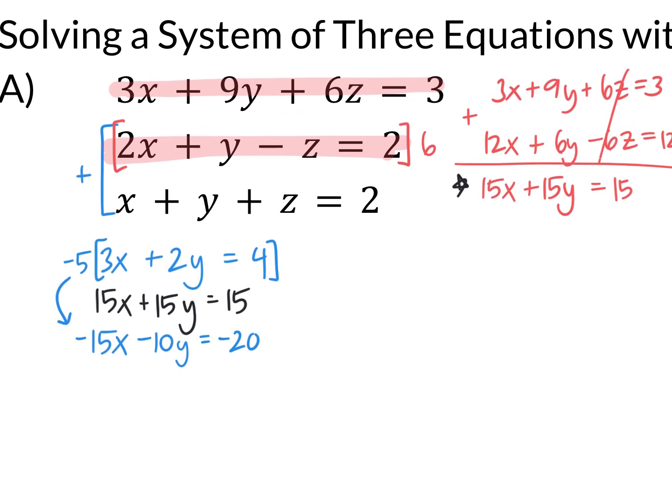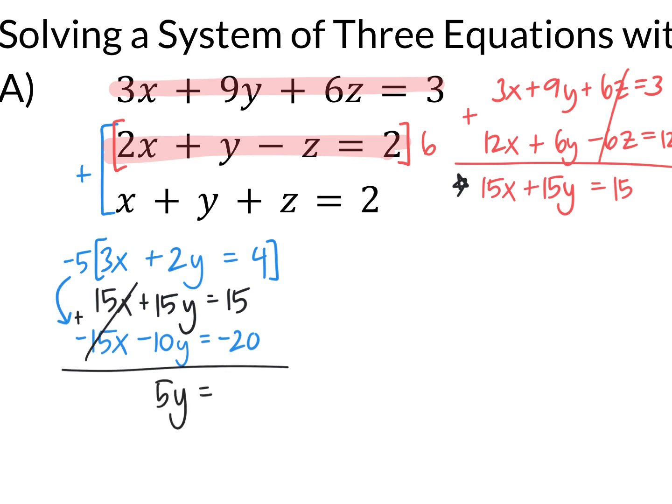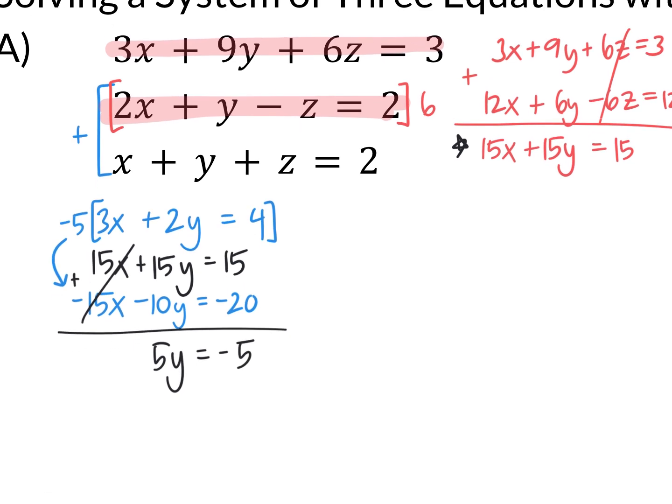We can go ahead and add these 2 things together. When I add them together, what variable goes away? The x. The x is gone. I'm left with 5y is equal to negative 5, which means that y equals negative 1.